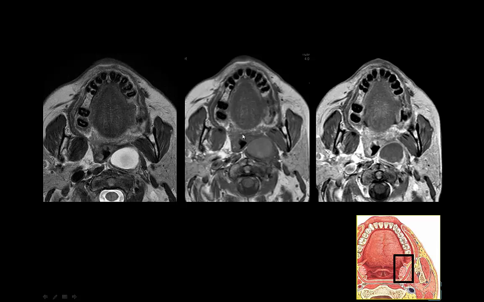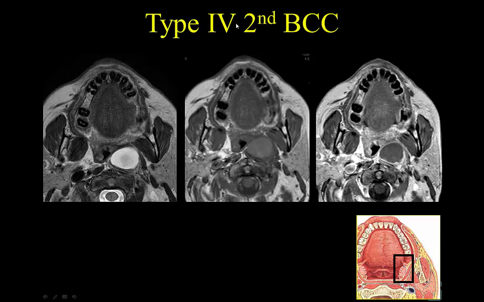Well, Bailey actually described 4 types of second branchial cleft cysts, and this, in fact, is a type 4 second branchial cleft cyst. And what's interesting is that the type 4s are located deep to the carotid space, or if you will, the carotid sheath. And oftentimes, these cysts that are in these atypical locations are referred to as retention cysts or unusual cysts. And in actuality, these are probably remnants of branchial cleft cysts.